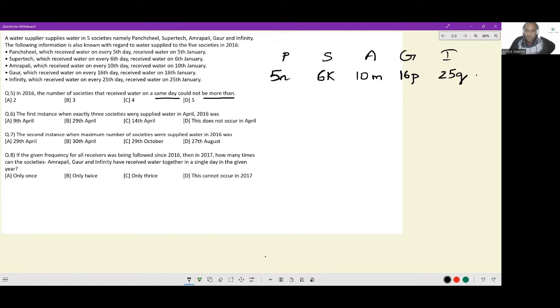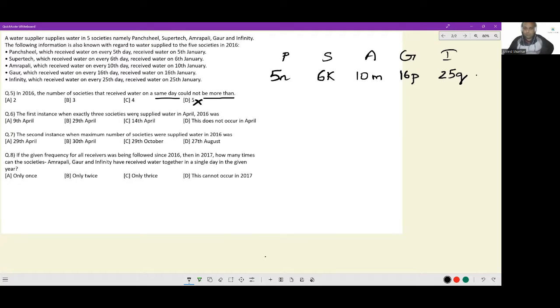And when I'm calculating LCM for G and I itself, I see the LCM is 400, which is greater than 365. So G and I will not receive water simultaneously on any day throughout the year.